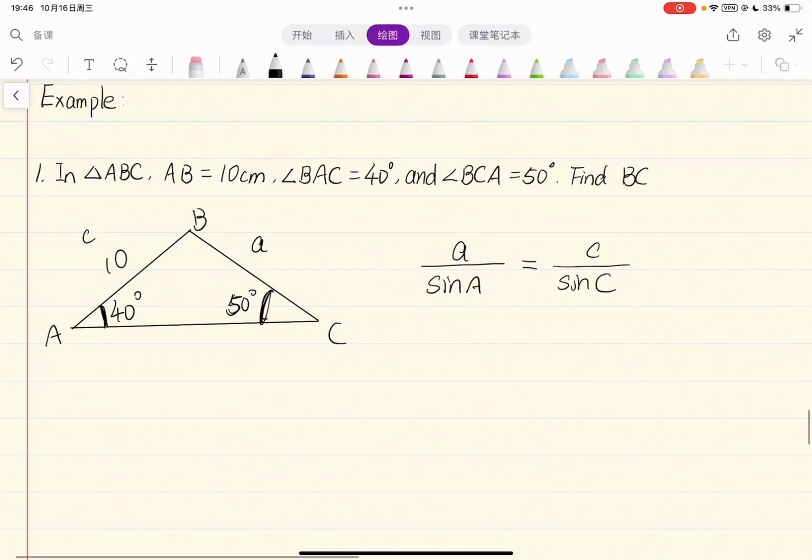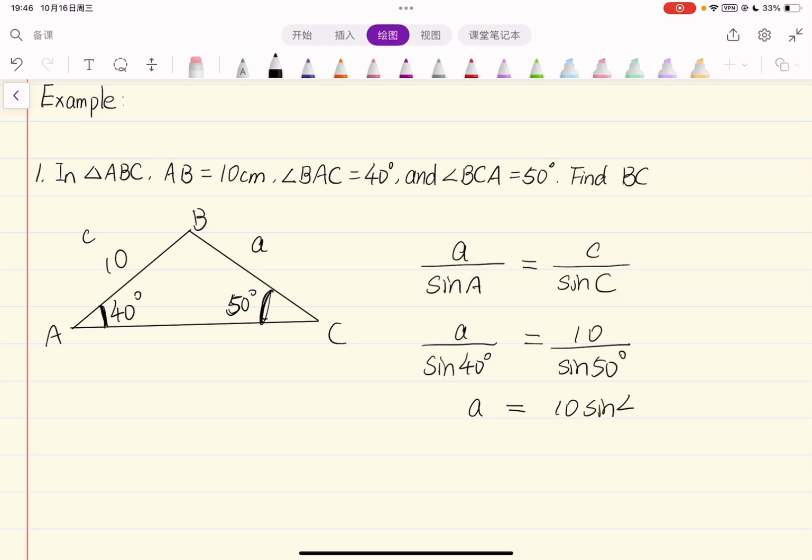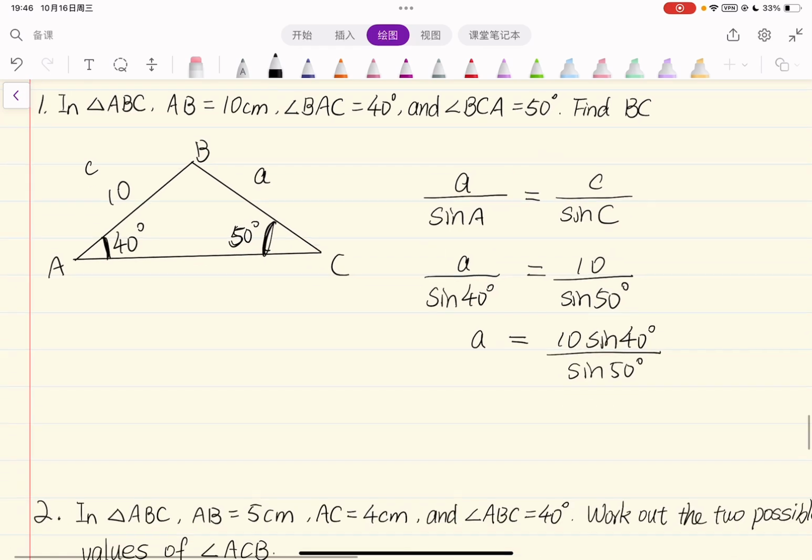So a over sin 40 degrees equals c, that is 10, over sin C, that is 50 degrees. So we have a equals 10 times sin 40 degrees over sin 50 degrees.